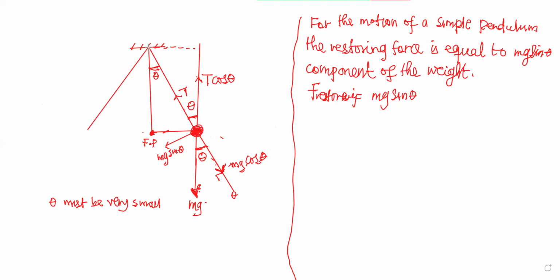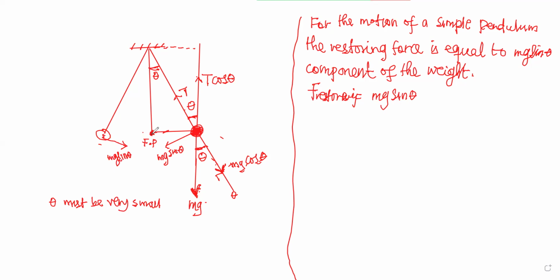So what it means is that the moment you displace the pendulum bob at an angle theta, at that small angle, when it comes to any extreme, there is a restoring force which is always restoring the object back to its original position or the rest position, whose value is equal to mg sine theta.